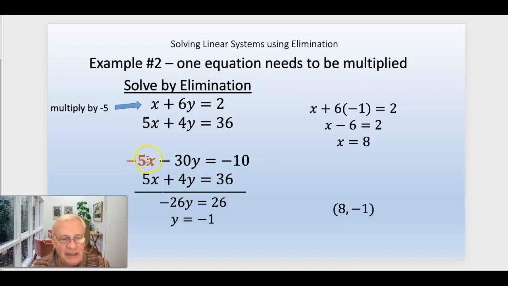And that's an additive inverse to the 5x of the other equation. So when I add them up, that's 0. It eliminates the x. This equation right here is the top equation multiplied by -5. When I eliminate the x and solve for y, I get y equals -1. Again, I can plug it back into one of the original equations and find out what x is, and then write my answer as an ordered pair.